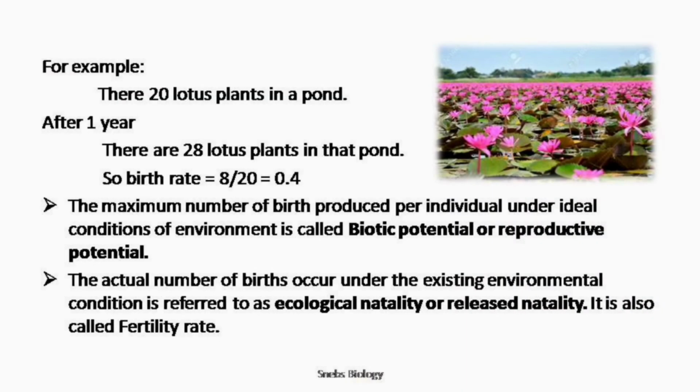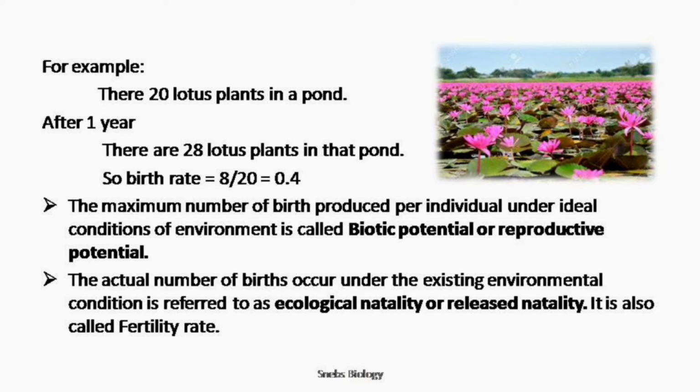The maximum number of births produced per individual under the ideal conditions of environment is called potential natality. It is also called reproductive or biotic potential, or also called absolute natality or maximum natality. So natality varies from organism to organism.